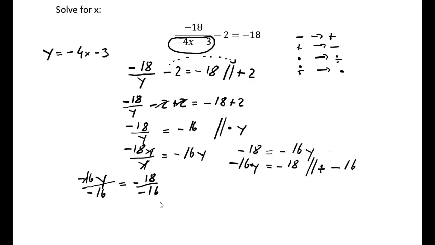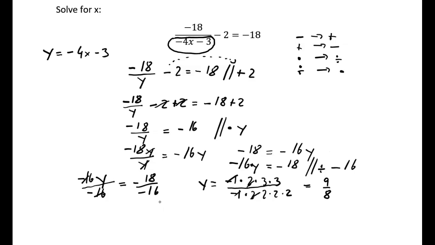The negative 16 cancels out on the left, and we've got y equals, well, we can put that into fractions: negative 1 times 2 times 3 times 3, divided by negative 1 times 2 times 2 times 2 times 2. The negative 1 cancels out, a 2 cancels out, and we've got 9/8. So that is our y.